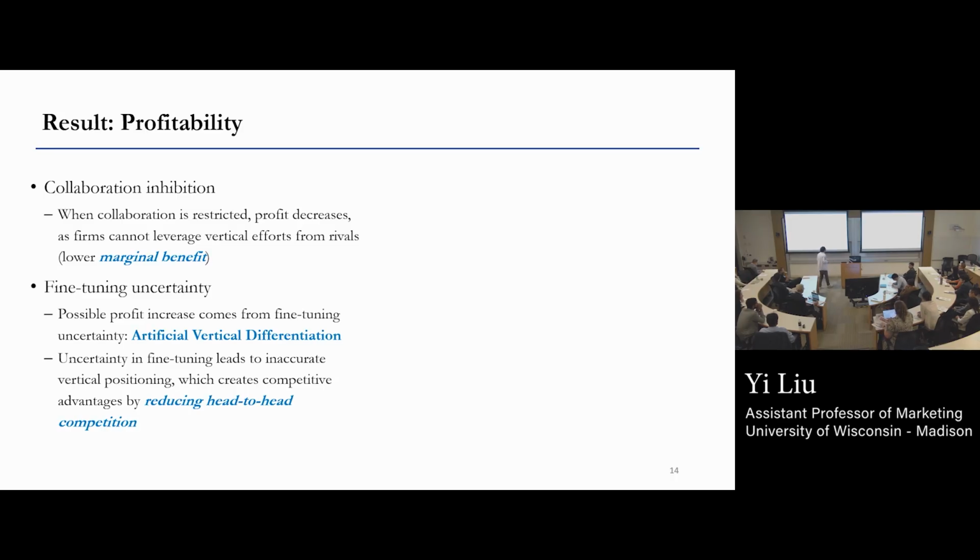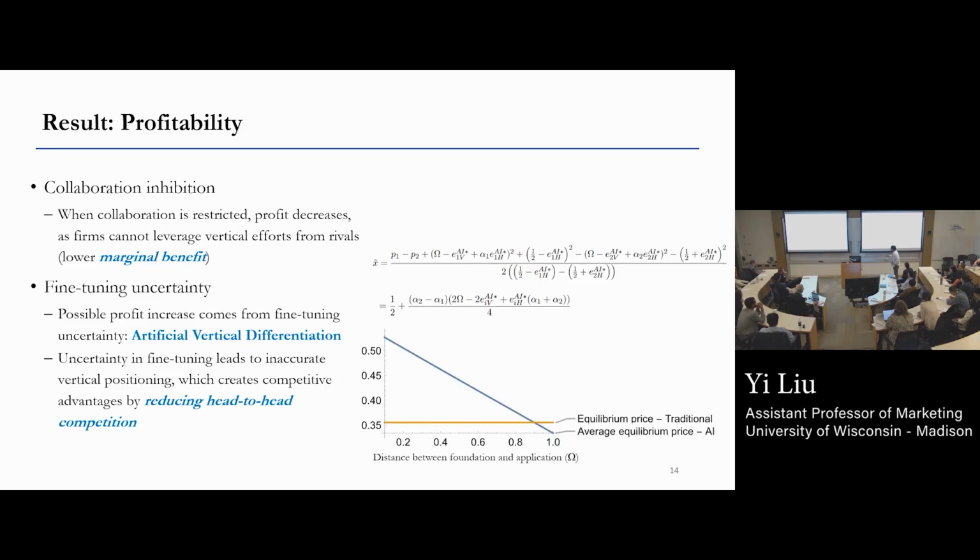But in the age of AI, even if firms are symmetric, there's a term that is, of course, uncertain, but that makes the two firms not symmetric. And an asymmetric case can actually increase firms' prices in some cases. That's why we say that even though the two effects seem negative, they can have a positive impact on firms' profitability.